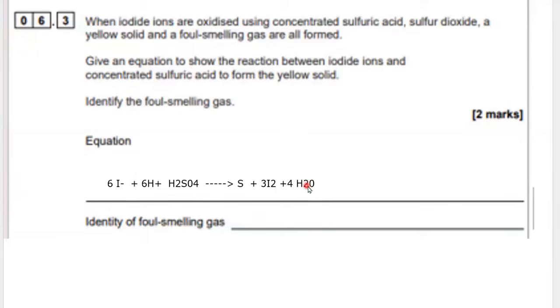Now, the oxygen goes on to form water, and therefore we know we need four waters because we've got 4 oxygens in the sulfate group, which means that we're going to need a total of 8 hydrogen ions over here, but 2 of them came from the sulfuric acid, so we need an extra 6 to balance our hydrogen. And there we go. Now we identify the foul-smelling gas, and that is hydrogen sulfide, formula H2S. Or you could just say hydrogen sulfide.